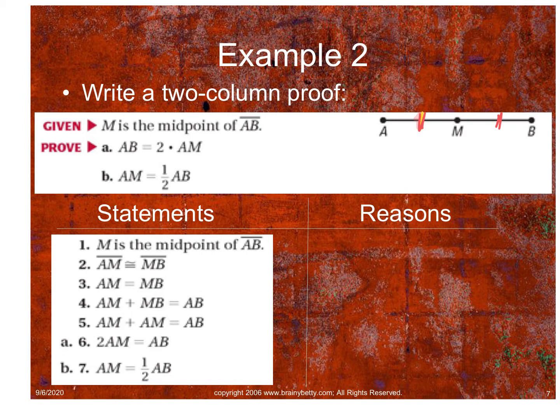So the first one is given. The second one is applying that given information, and I'm using the definition of midpoint. That's how I know that AM is congruent to MB.